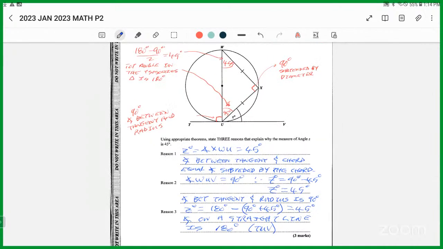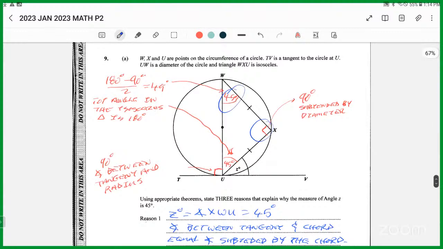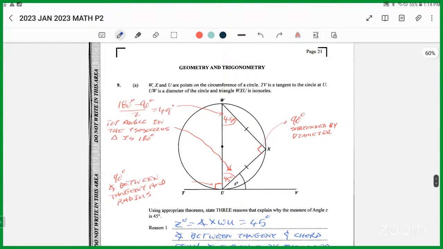But we still have to establish these angles first. I did that up here. Establish those angles first so we can reference them easily. That's how you express it: see these angles first.